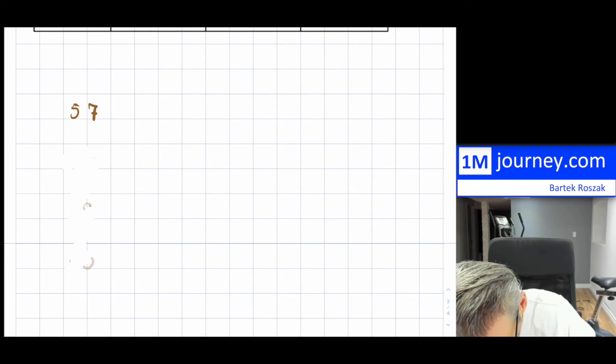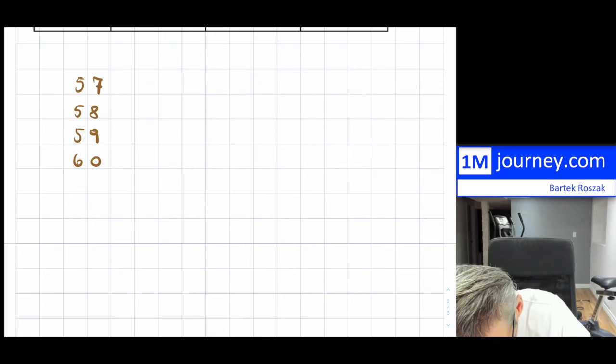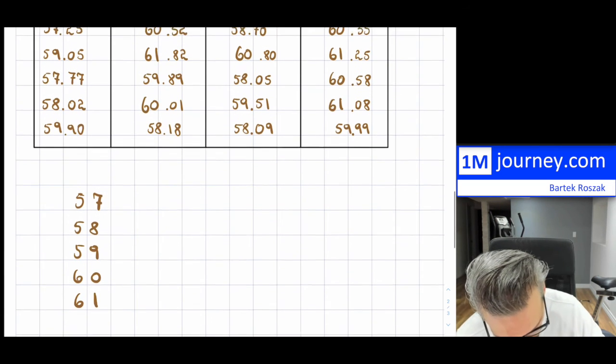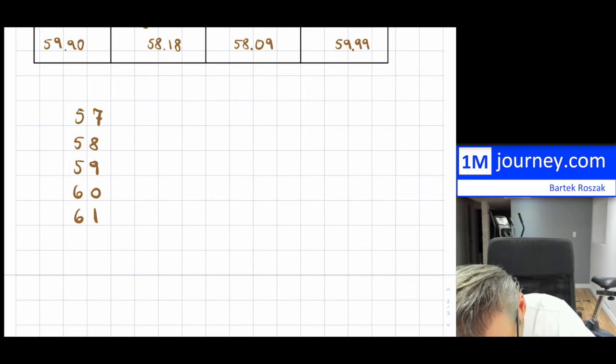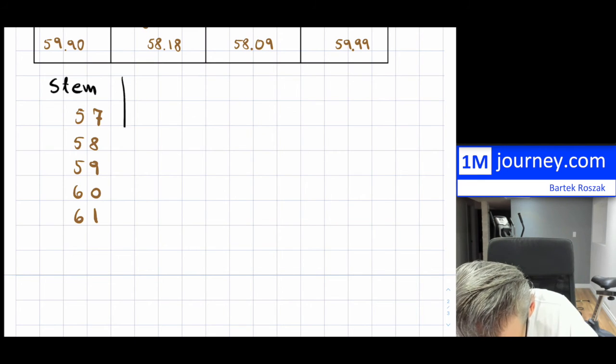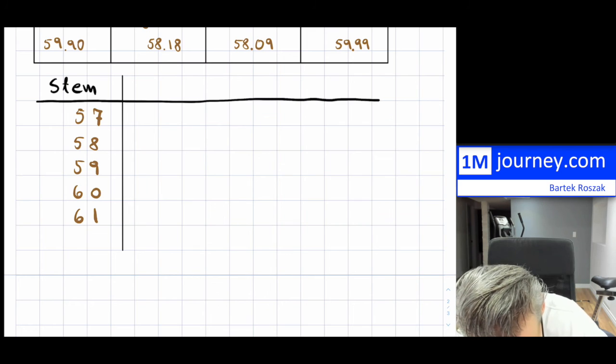So 57, 58, 59, 60. I think the last one was 61. I don't see any 62s in there. So that would be our stem here. And now we're going to create our leaves.